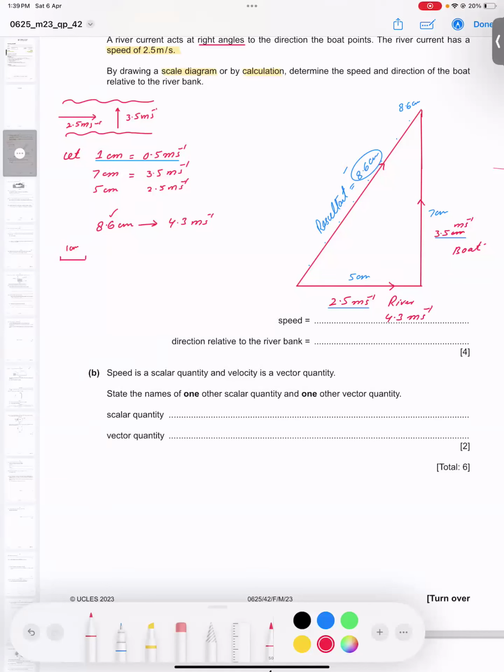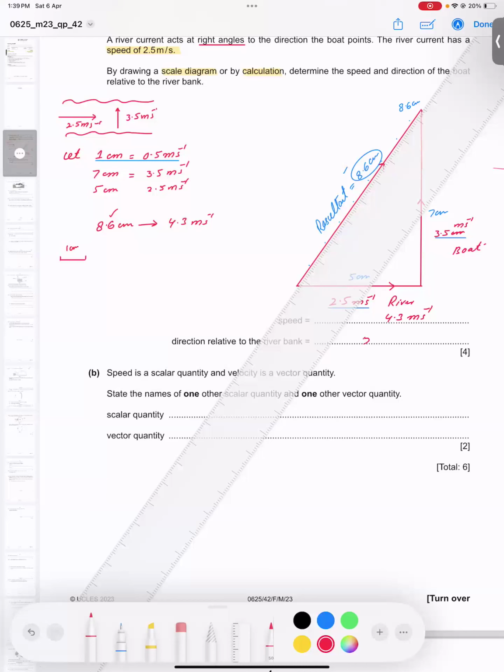Now I want to find out the direction. This is not a protractor actually, but this scale is working as a protractor. When I place this scale on this given diagram, the angle of this resultant relative to the river bank is 55.